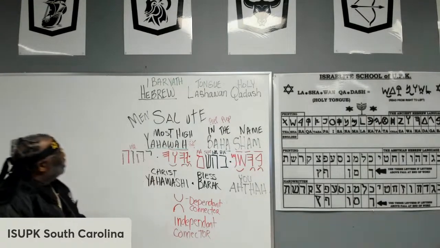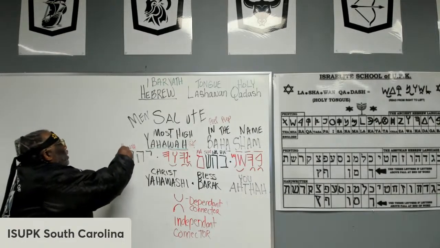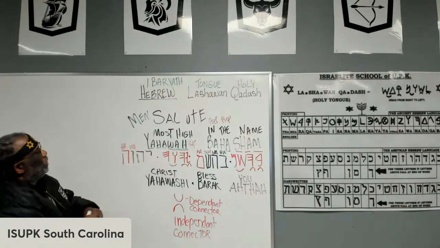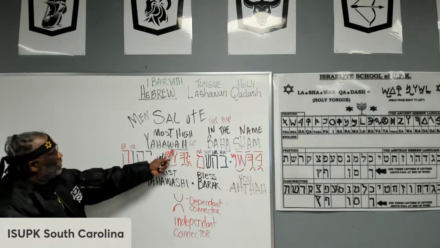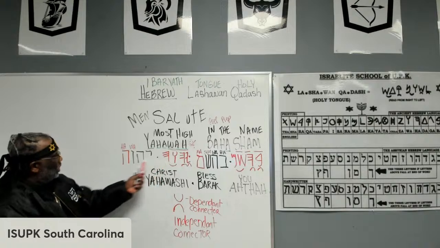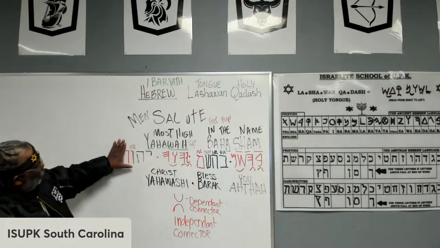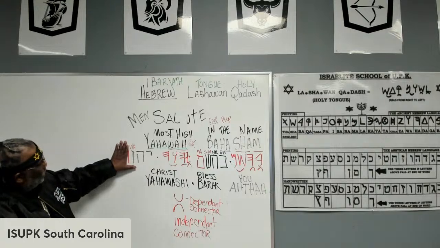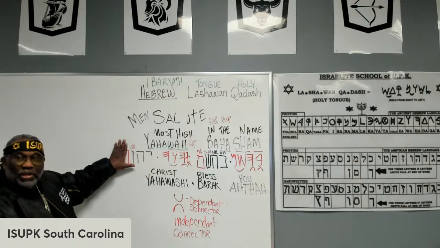But because you almost hear the ha with it, it's almost like you never hear it. Over here, you can hear it. You can see it because it's connected to it. Over here, if I didn't know that this existed, I would be tempted to say Yahweh without the ha on the end.